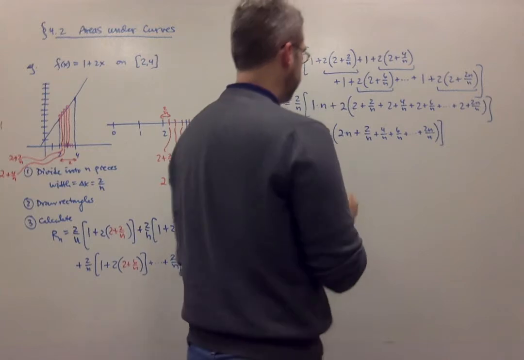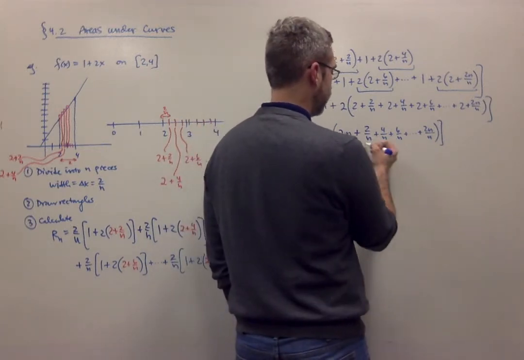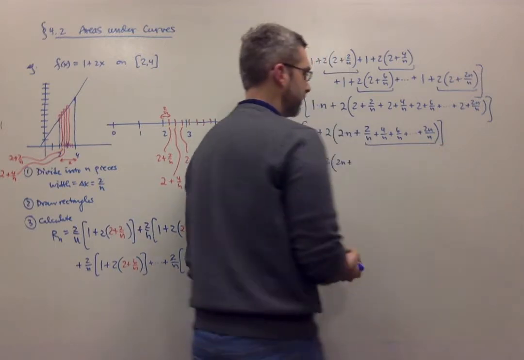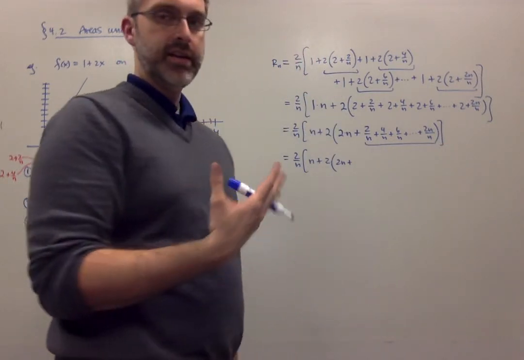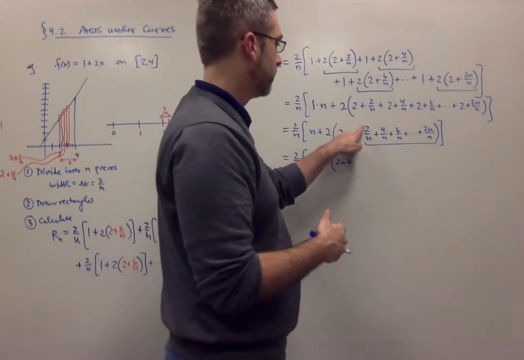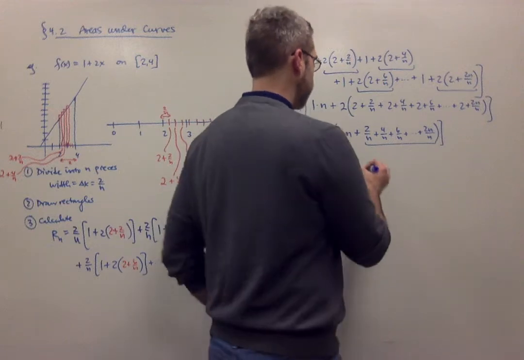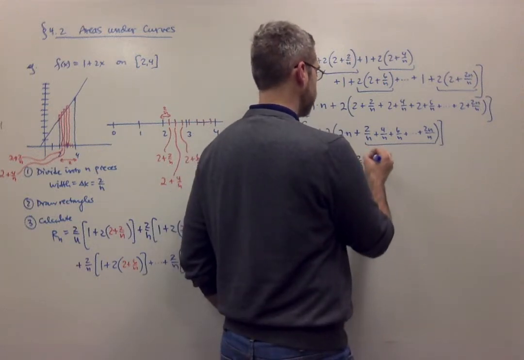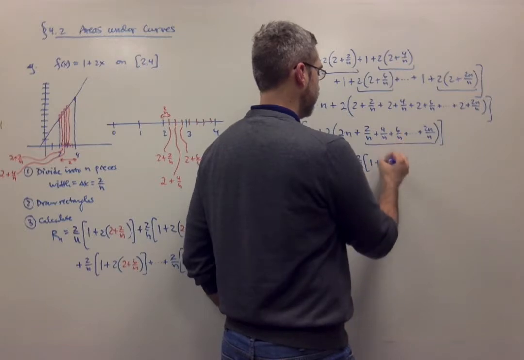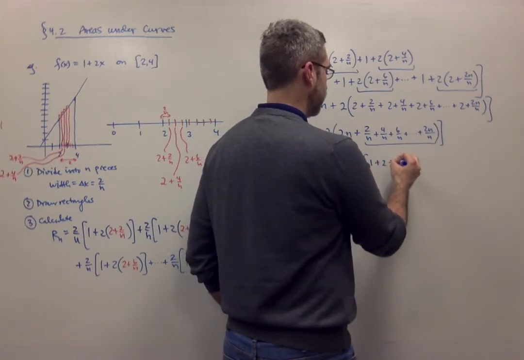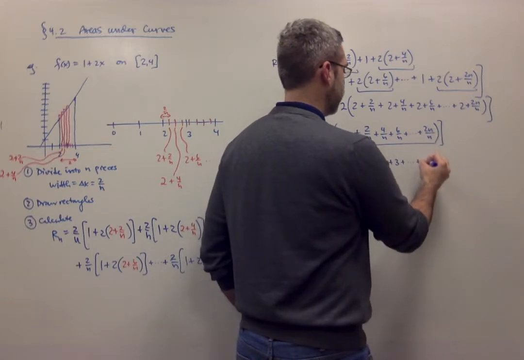All right, so we've got 2n there. Now notice everything left over here has an n on the bottom, and on the top, everything's even. This is 2 times 1, 2 times 2, 2 times 3, all the way up to 2 times n. So I'm going to factor a 2 over n out, and here I'd be left with 1, here I'd be left with 2, here I'd be left with 3, all the way up to the last thing that I'd be left with was n.